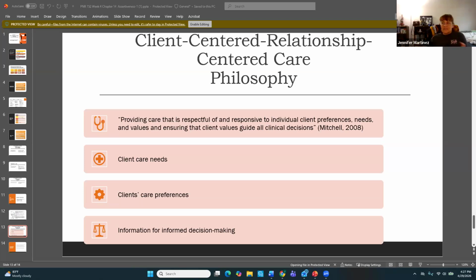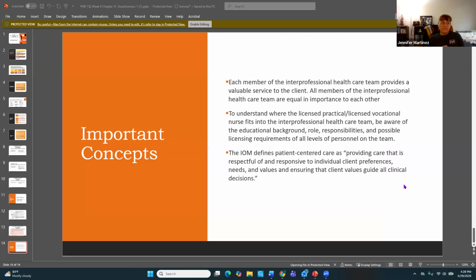So again, it's putting the family and the client at the center of healthcare. This includes their needs, their preferences, as well as making sure that they have all the information they need in order to make an informed decision regarding their care. Again, knowledge is power. The more knowledge you give to somebody, the more powerful it is for them.